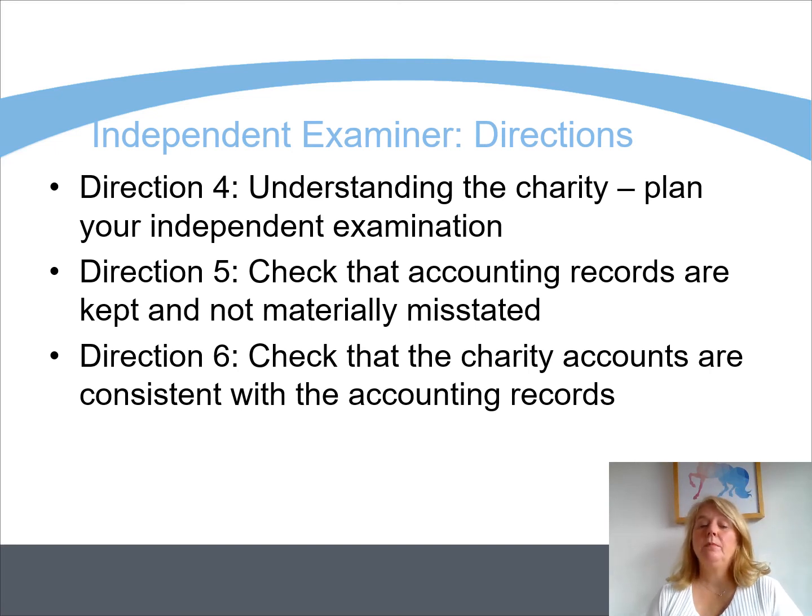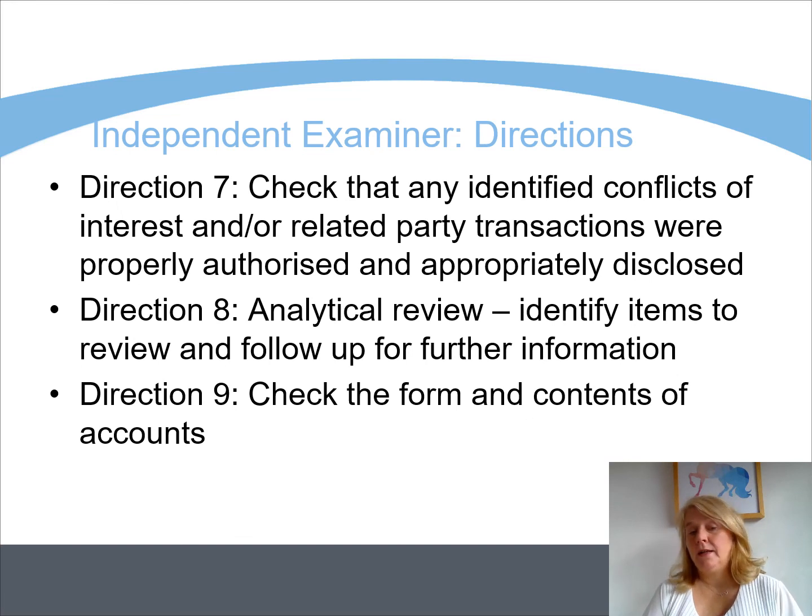And essentially, number 5, checking that accounting records are kept and not materially misstated in your accounts. Making sure that the accounts are consistent with your records. Looking for any identified conflicts and trying to identify or follow up any issues that they need more information on. And they need to check that you've got the right format, receipts and payments accounts, and check the content.